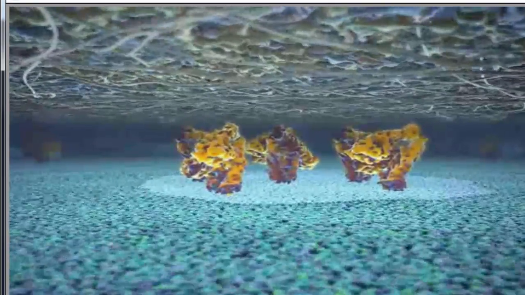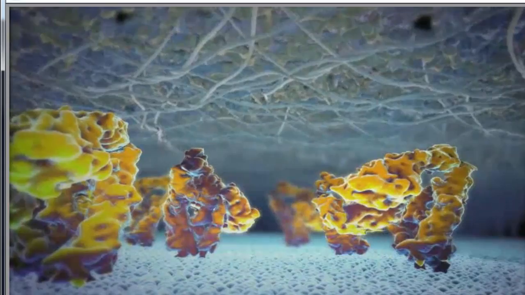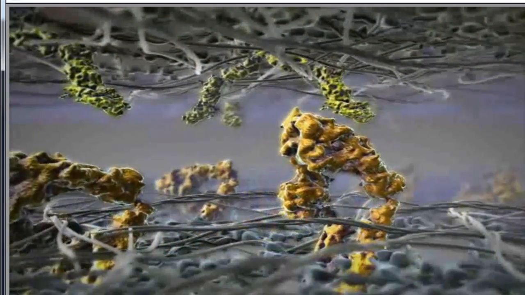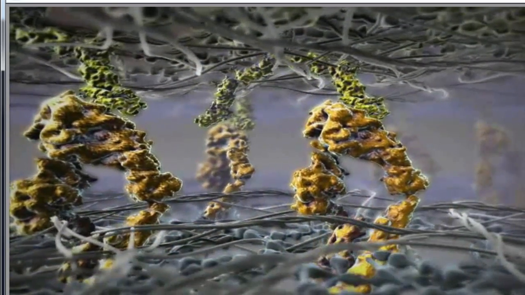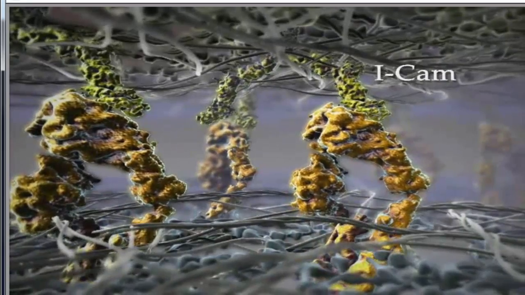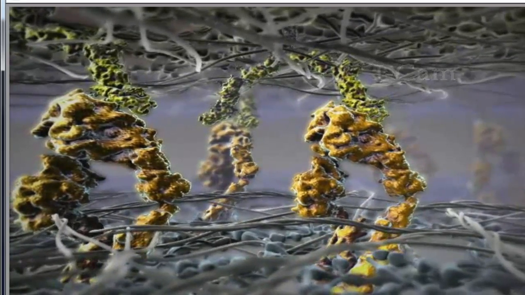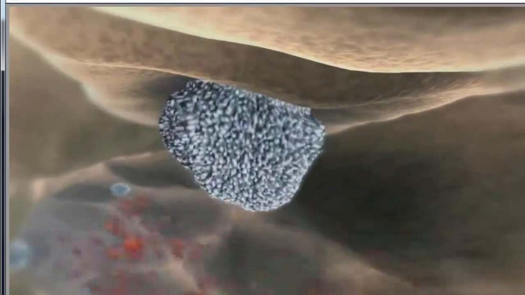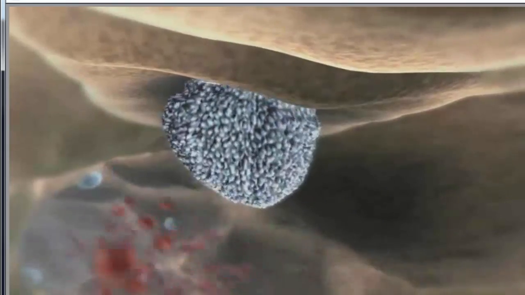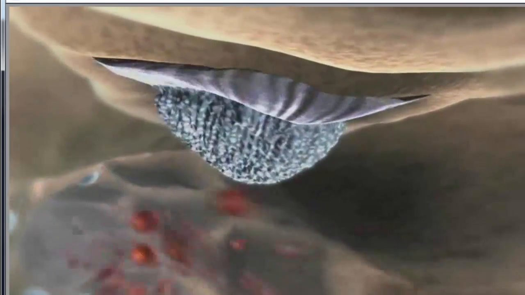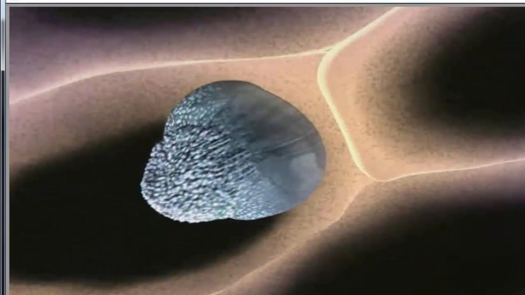A dramatic conformational change occurs in the extracellular domain of the activated integrins. This now allows for their interaction with ICAM proteins displayed at the surface of the endothelial cells. These strong interactions immobilize the rolling leukocyte at the site of inflammation. Additional signaling events cause a profound reorganization of the cytoskeleton, resulting in the spreading of one edge of the leukocyte.